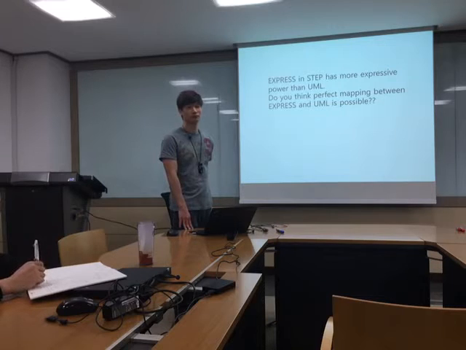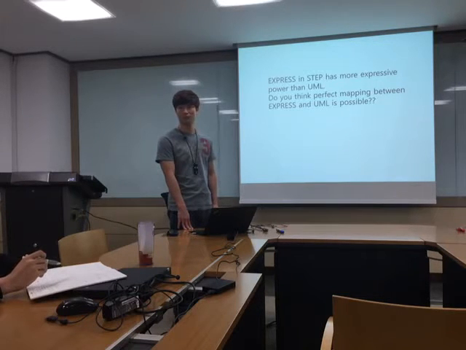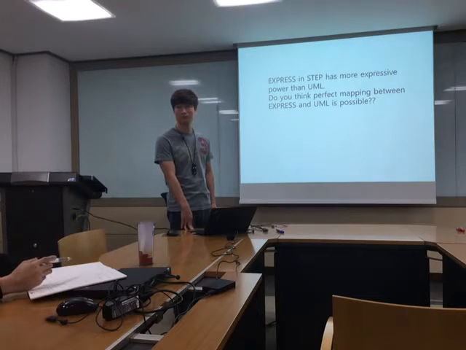It has different dimensions. I think there are at least 6 or 7 types of diagrams inside UML, and they can be very powerful. But I'm not sure if Express has extra information or not.